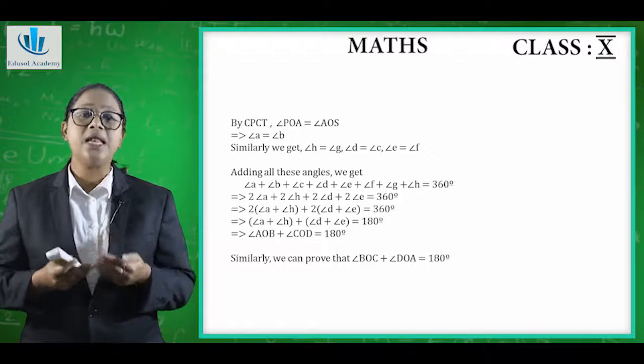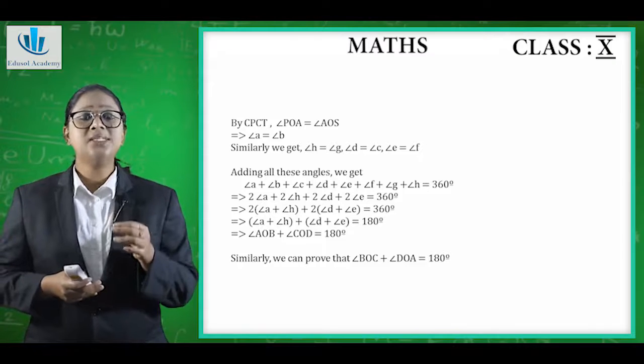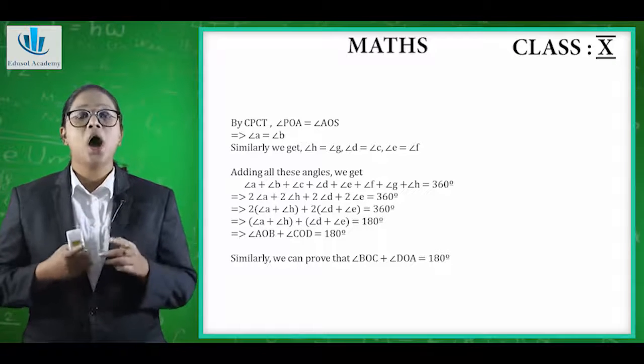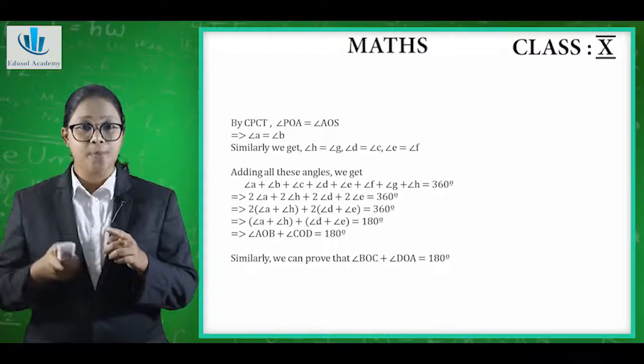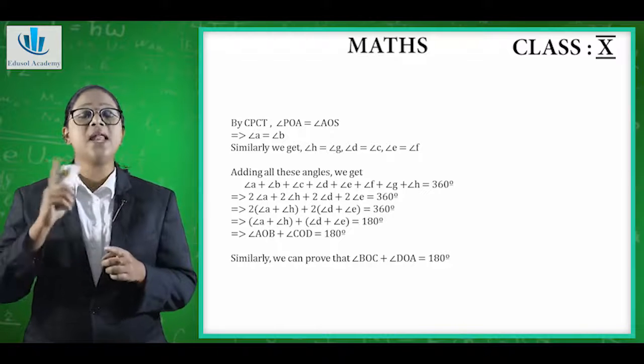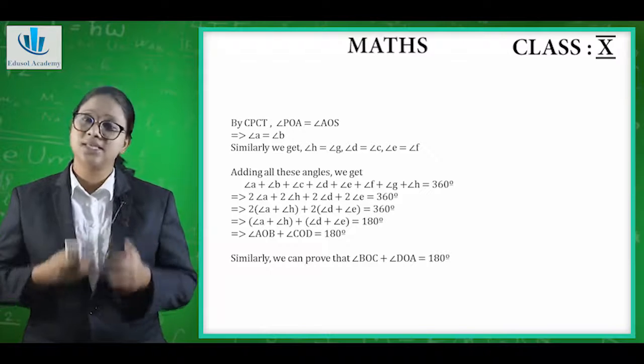Now, you might recollect that angles A to H are all lying around the point O, which means that their angle sum is equal to 360 degrees.